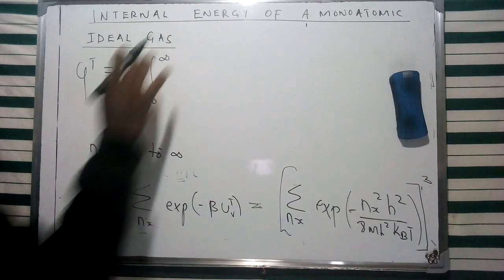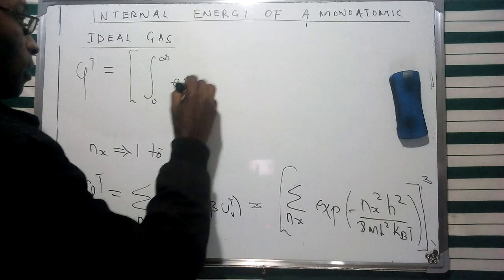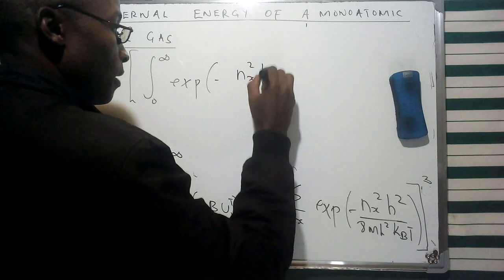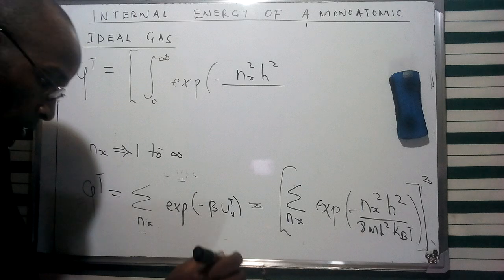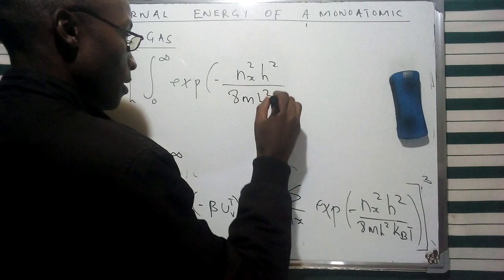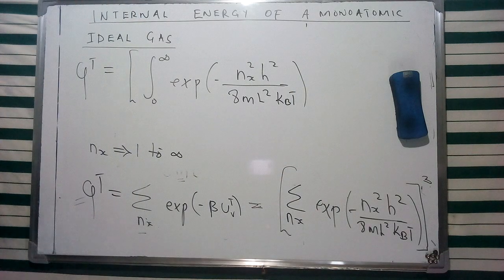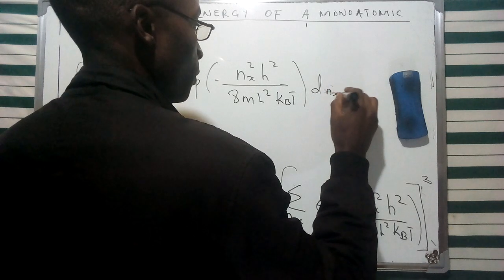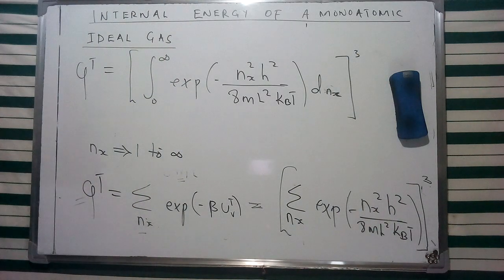But we're going to do an integration between 0 and positive infinity, and this is going to be given as negative, this specific representation from the particular value of u according to the solution of the Schrödinger's equation, and this is going to be given as such. So in this case, we're going to consider this one an integral of d in respect to nx given as such. And of course, we had said that this is going to be considered for the 3 dimensions of x, y, and z in that specific order.